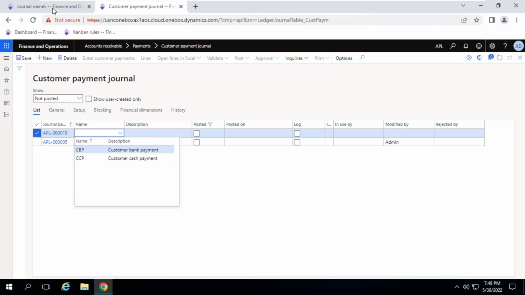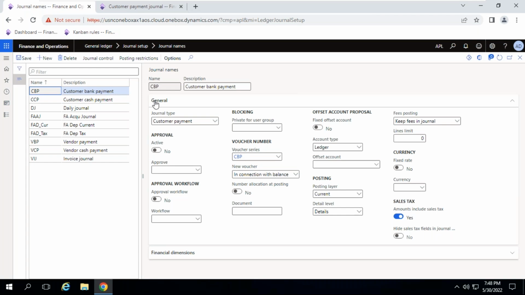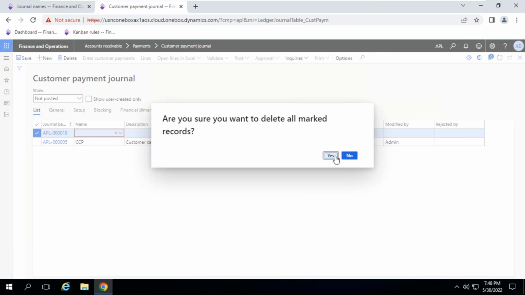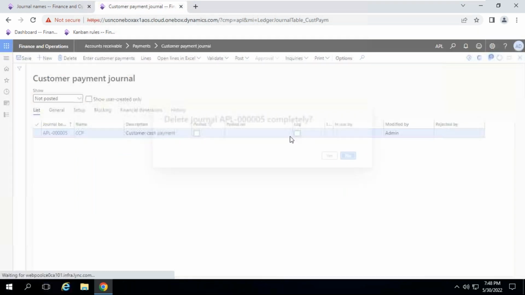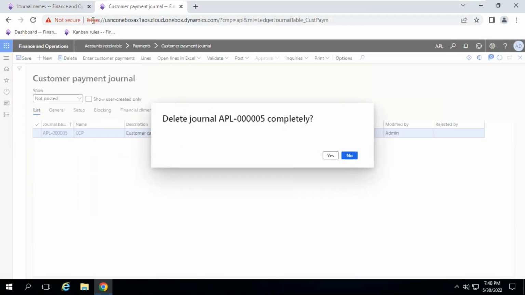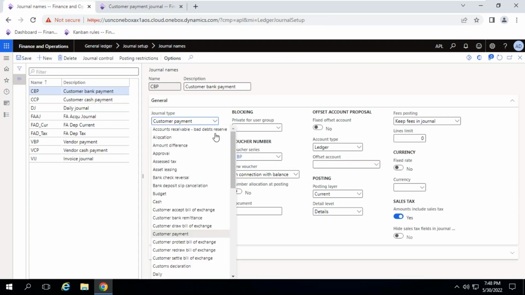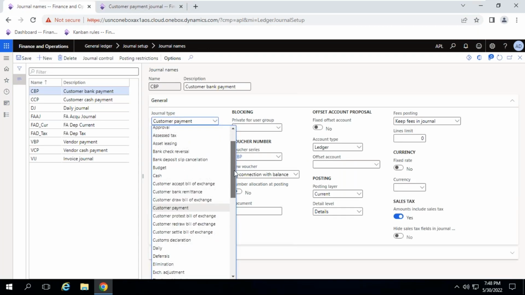Customer cash payment, customer bank payment. For customer bank payment, you have mapped customer payment. Fine, it is coming. Now, by mistake I have mapped this one with vendor disbursement.